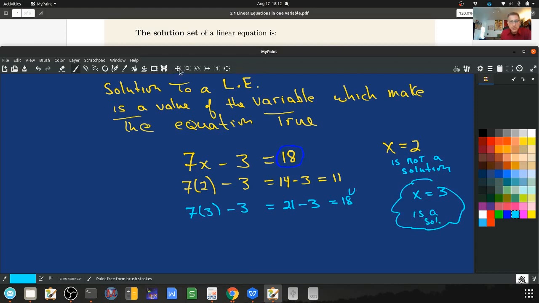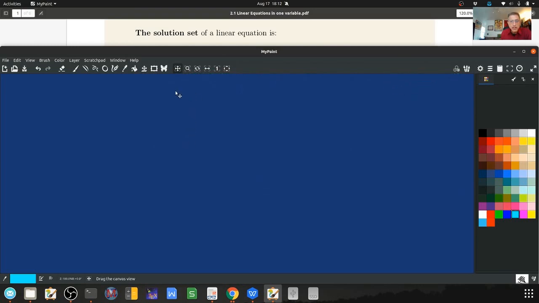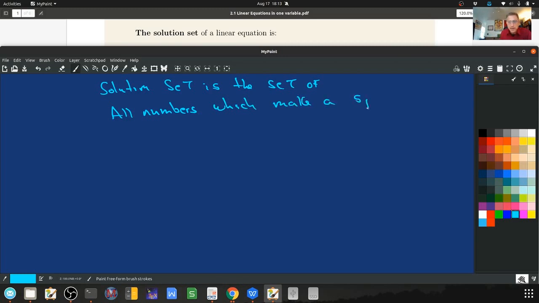So the solution set of a linear equation is the set of all numbers, and of course when I say numbers I mean real numbers. You'll actually see some numbers which aren't real numbers toward the end of the class, which make a specific equation true.